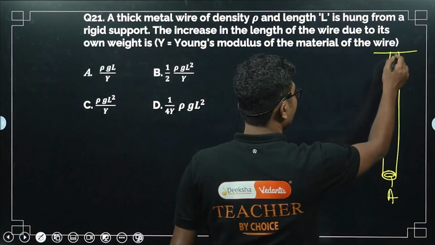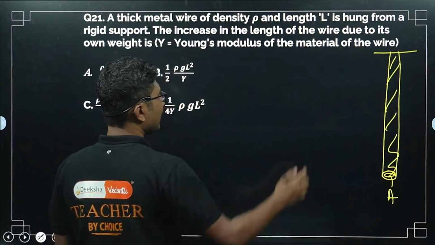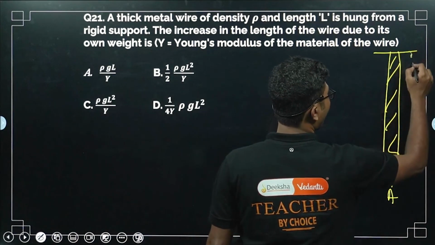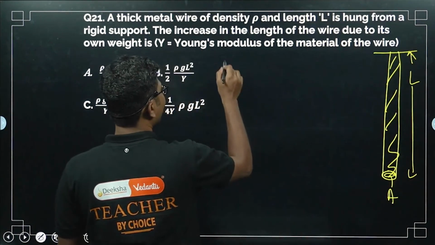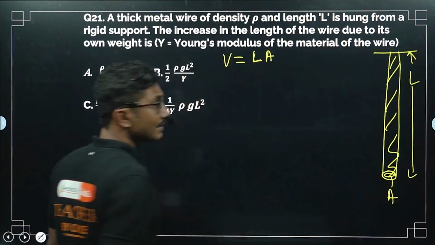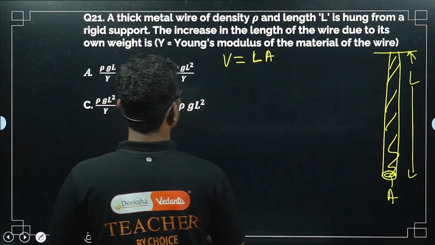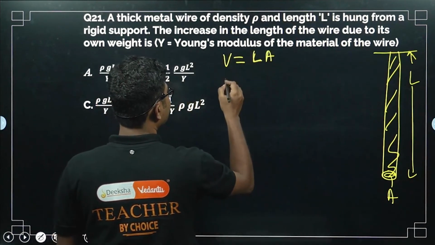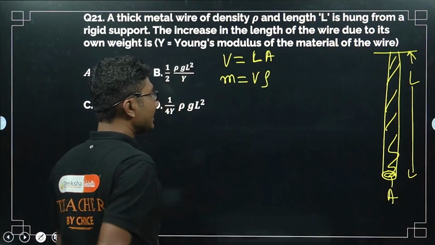Now, what is the volume of the wire? We know that if the length is L, if the area is A, then the volume is given by L into A, right? Now, what is the mass? Mass is given by volume times density. So V into rho.